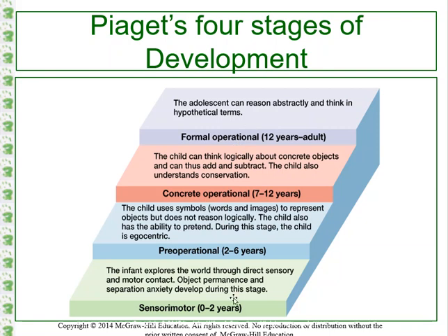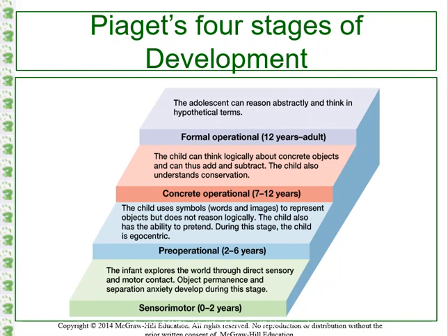For this chapter, we're going to focus on the sensory motor stage. We won't spend any time on pre-operational, well, maybe a little bit, but not any time on concrete operational or formal operational.